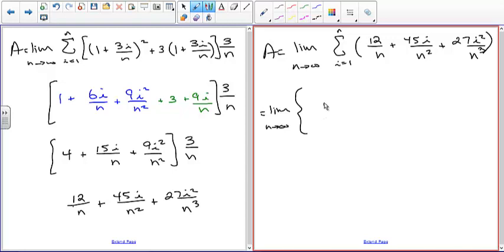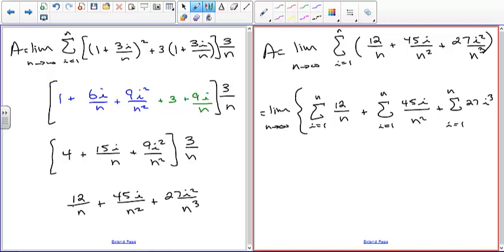We'll have the summation from i equals 1 to n of 12 over n, plus the summation from i equals 1 to n of 45i over n squared, plus the summation from i equals 1 to n of 27i squared over n cubed.